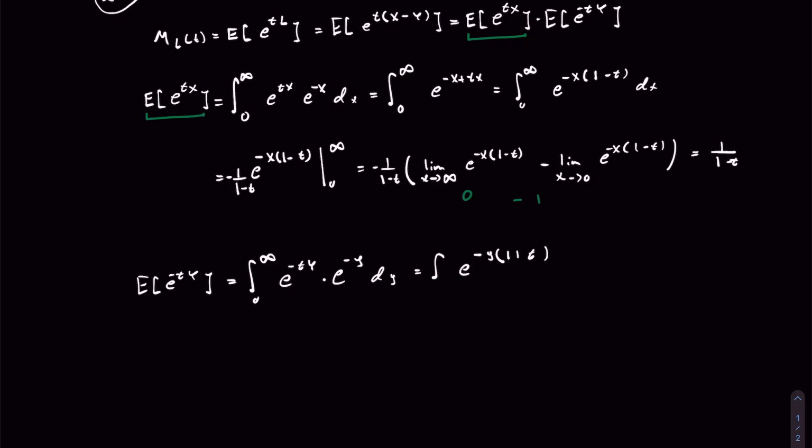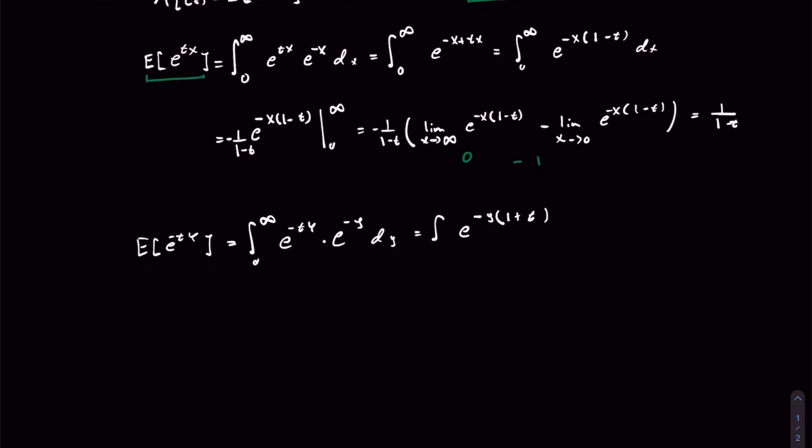Multiply in, yep, looks good. And this, similarly, is just e to the minus (1 plus t) y, and this thing now with the same logic ends up also having a 0 and a minus 1, so this whole thing ends up being 1 over 1 plus t.